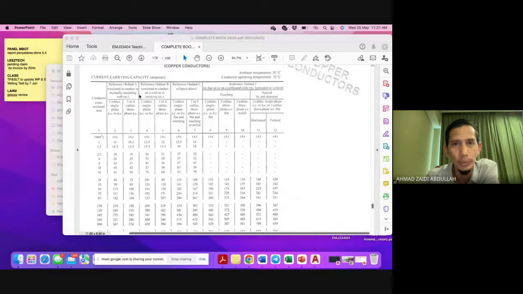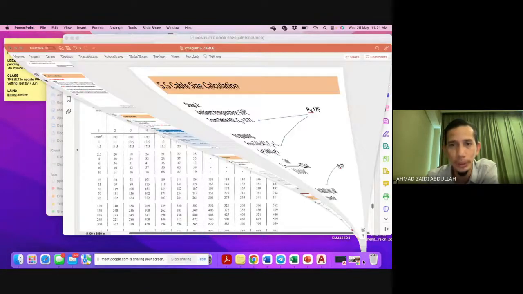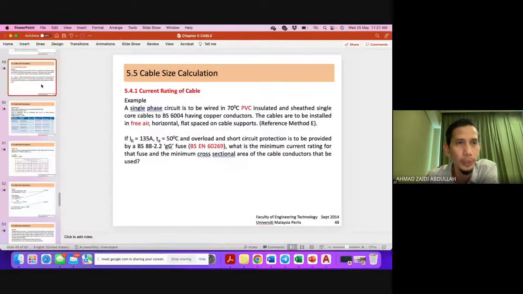Then the reference method, they said cable tray, so we refer to this reference method, which is method F, in free air. Free air and then space. The question mentioned space. Read the question again, if you're confused, open back your book: PVC in free air and flat space.